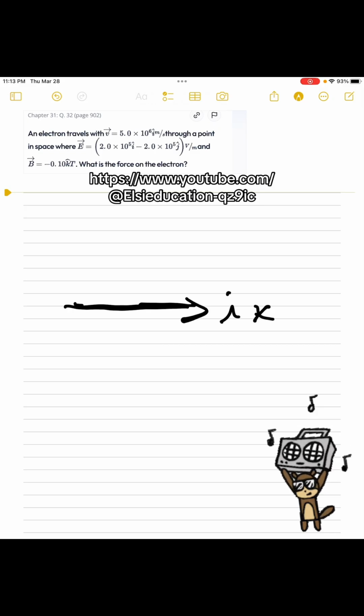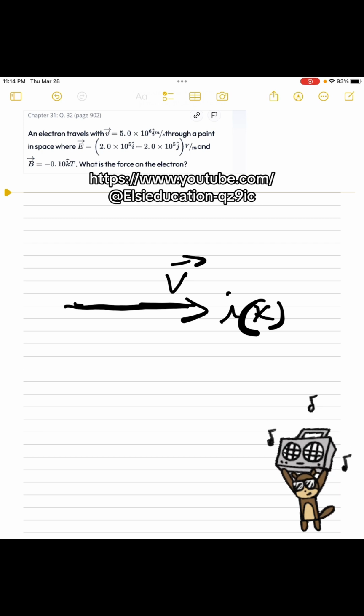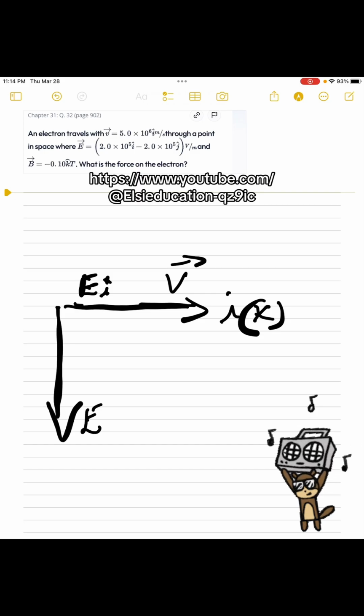and that's the AX direction, that's the speed where the electron goes through a point in space. The electric field is on the X and on the Y, minus Y. Okay.